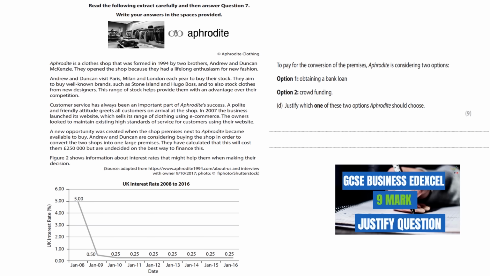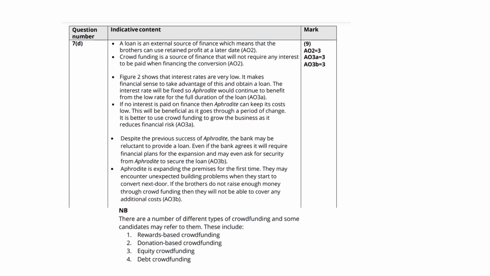A loan is an external source of finance, which means that the brothers can use retained profit at a later date. Crowdfunding is a source of finance that will not require any interest to be paid when financing the conversion. Figure 2 shows that interest rates are very low. It makes financial sense to take advantage of this and obtain a loan.